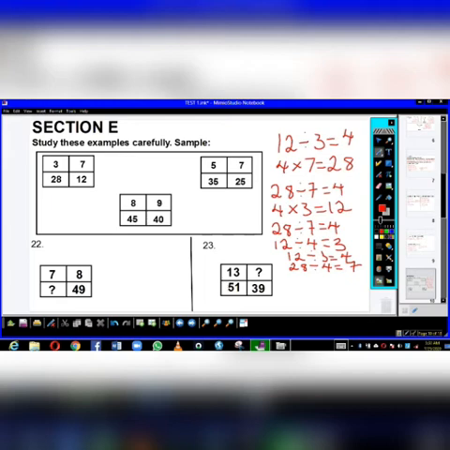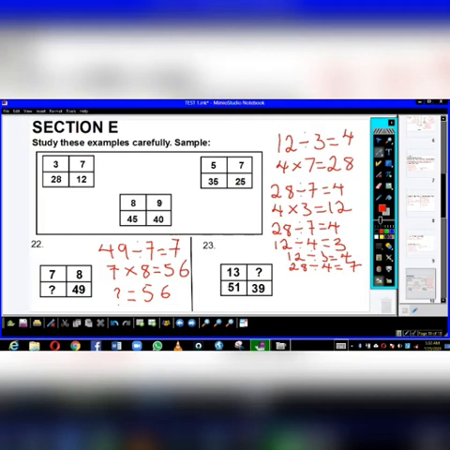Okay, now in 22 rather, how do we find the value? It's simple. 49 divided by 7 is equals to 7. We'll now see that 7 multiplied by 8 will give us 56. So therefore the missing number is equals to 56.